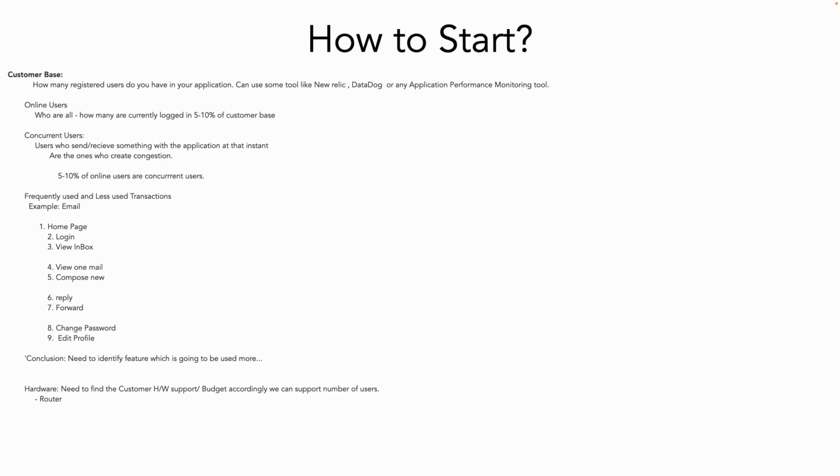We can use those tools to know the user base, how many users are logging in per day, what the peak timing is. Using those APM tools we can have some rough estimations of how many virtual users or concurrent users we should create.